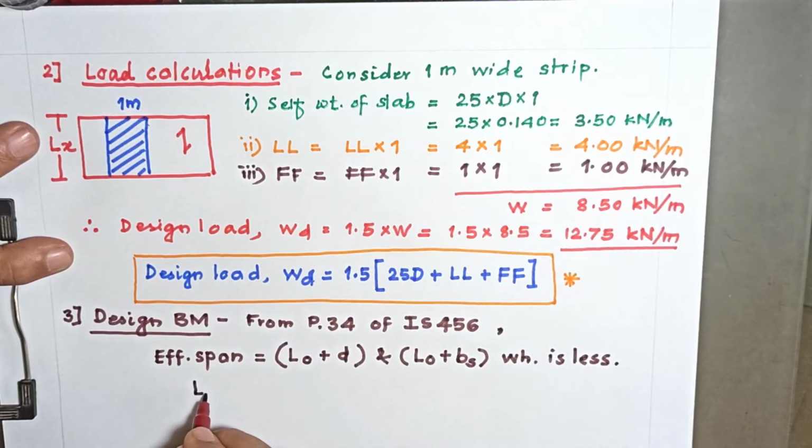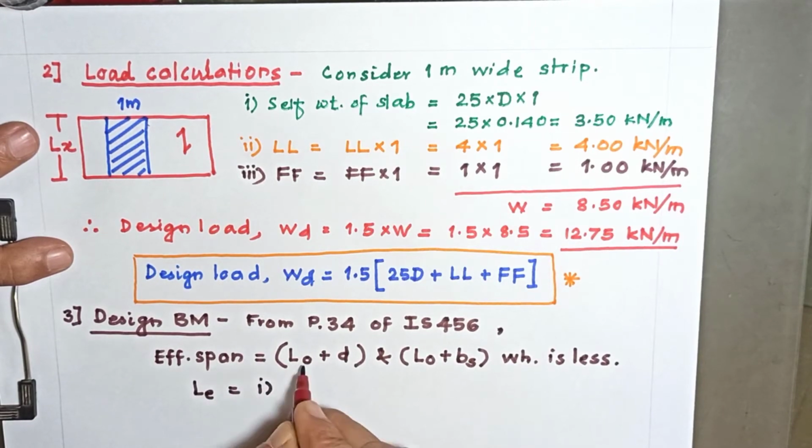Therefore, LE is equal to, first I will calculate L0 plus d. L0 is 3 meter.